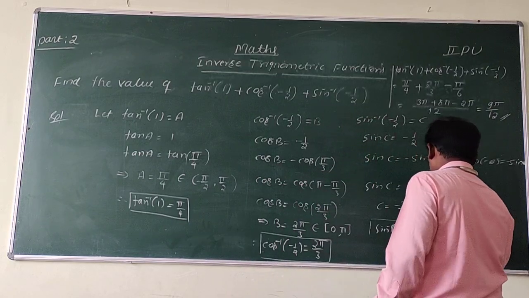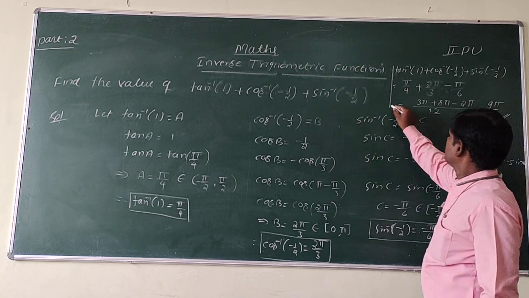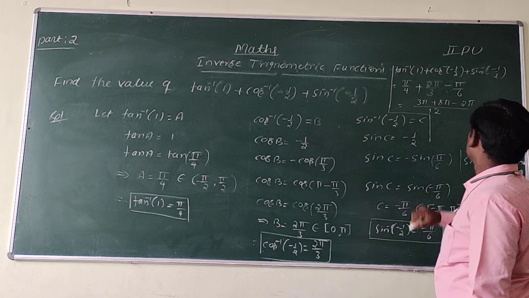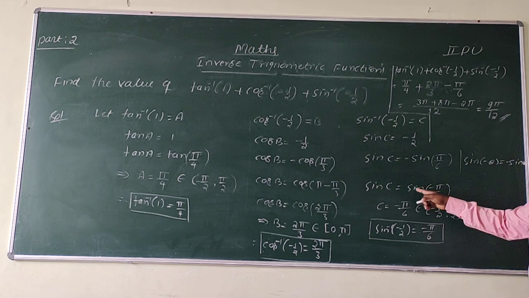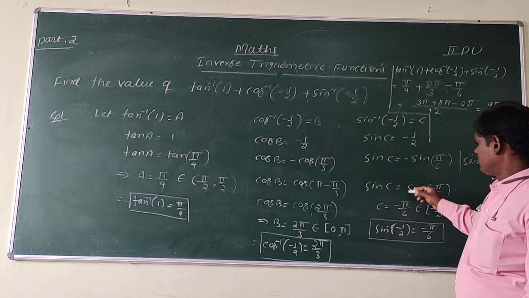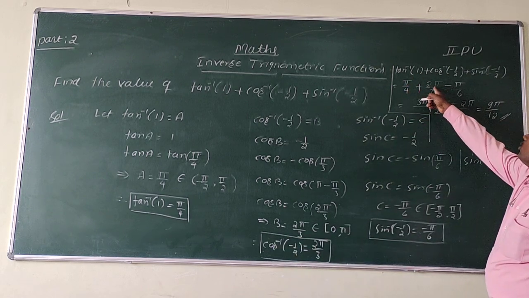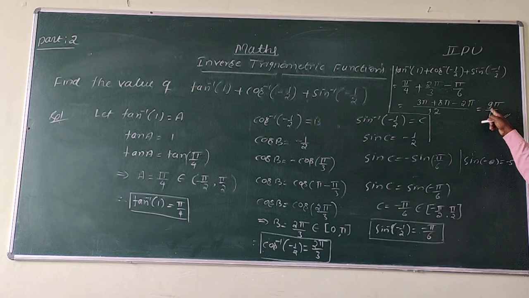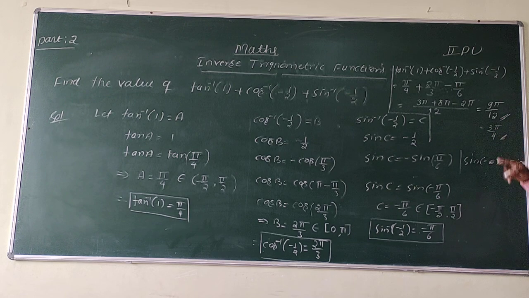This is the value of sin inverse of minus 1 by 2. This is side work: minus of sin pi by 6 is taken as sin of minus pi by 6, because sin of minus theta is equal to minus sin theta. And from these three equations we get tan inverse 1, pi by 4, plus 2 pi by 3, minus pi by 6, and simplified we get 9 pi by 12. It is given as 3 pi by 4. So again we simplify, then we get 3 pi by 4.